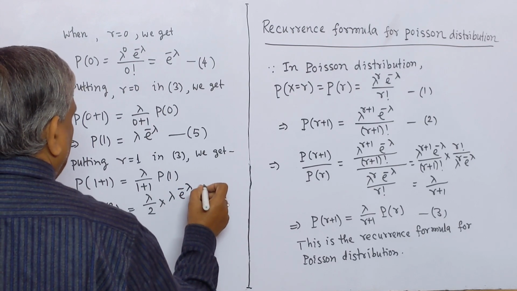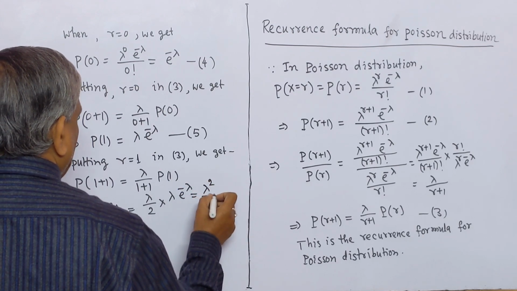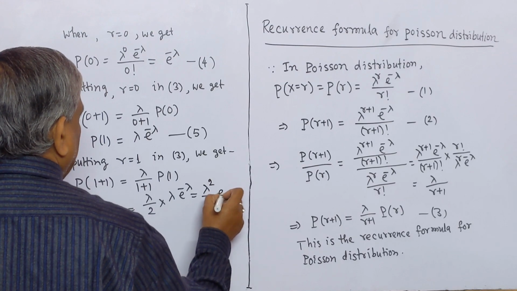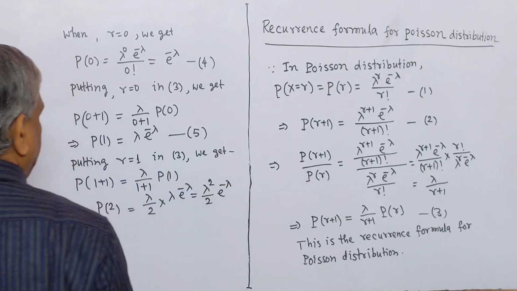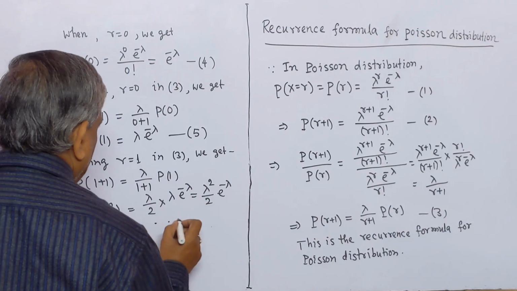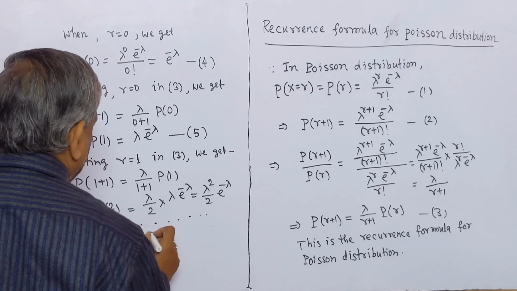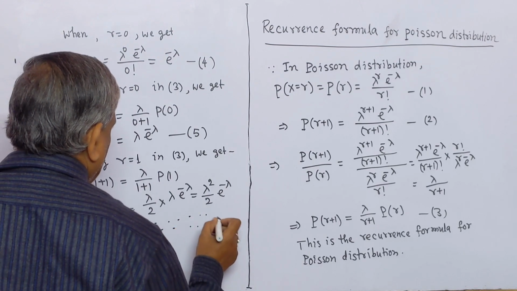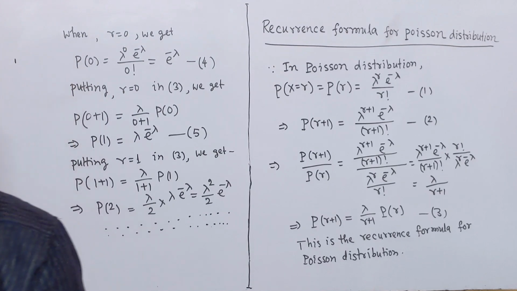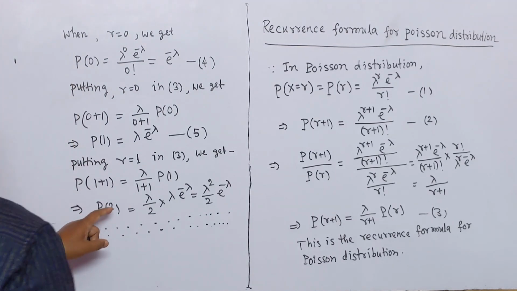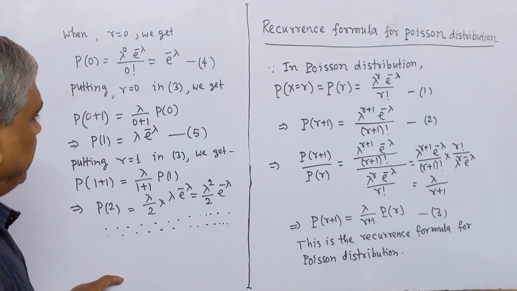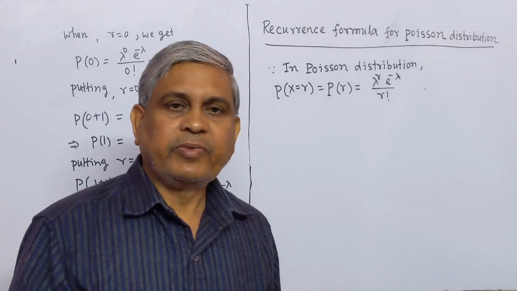This is equal to lambda square by 2 e to the power minus lambda, and in this way we may find other values of the probabilities for random variable 3, 4, and so on.